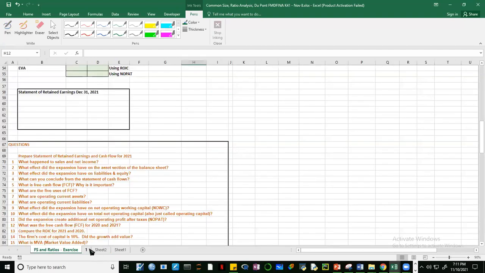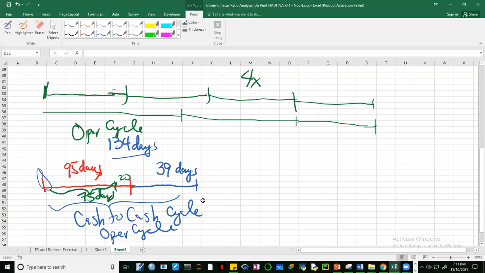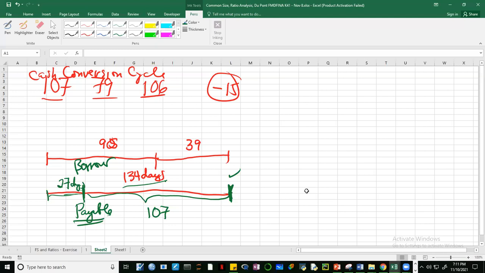Okay, 107. That's your cash conversion cycle. 107 days.